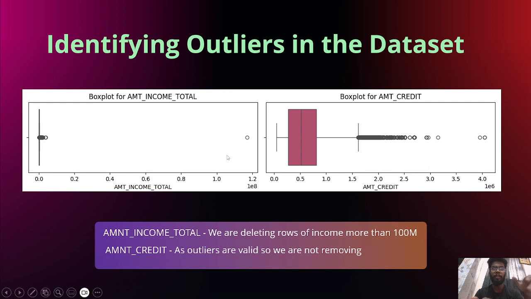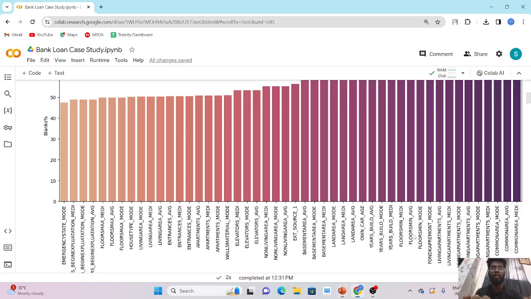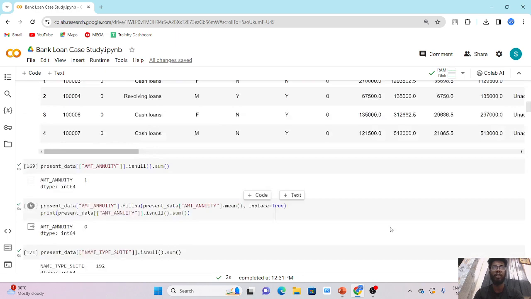For amount income total, we don't remove all the outliers; we are only deleting the rows that have an income of more than 100 million. So you can see the techniques we have used.